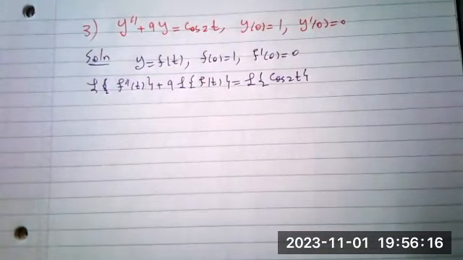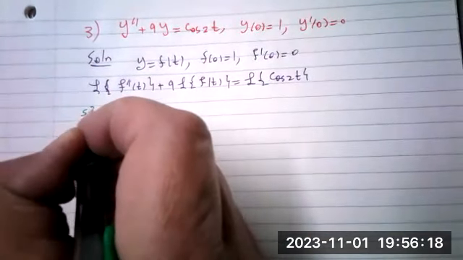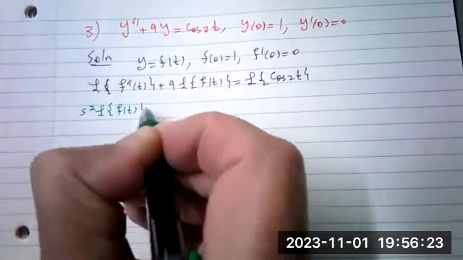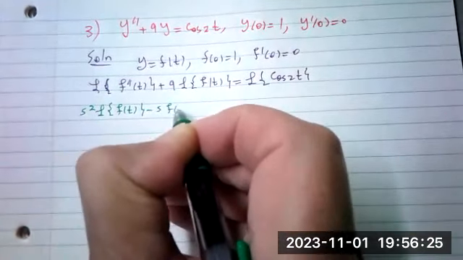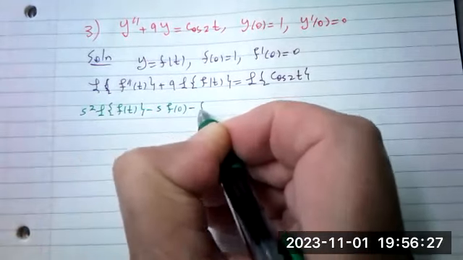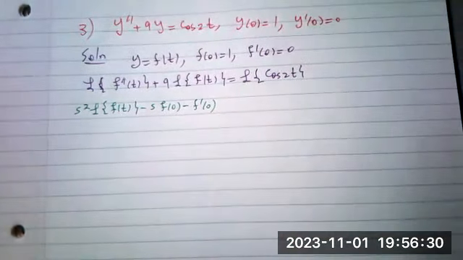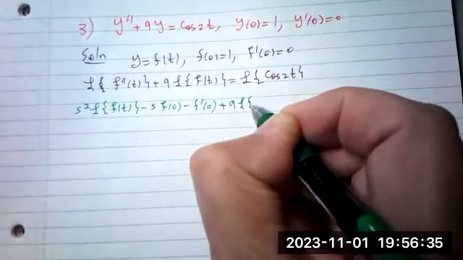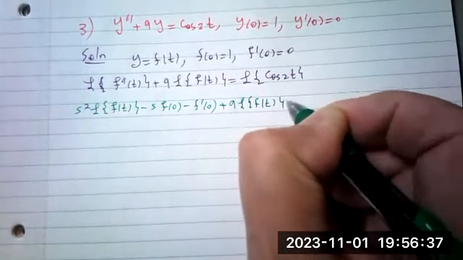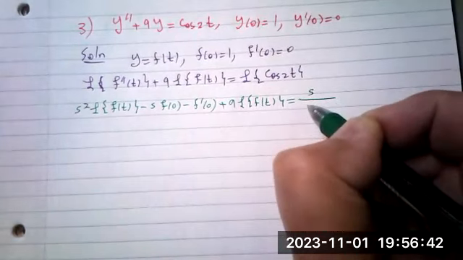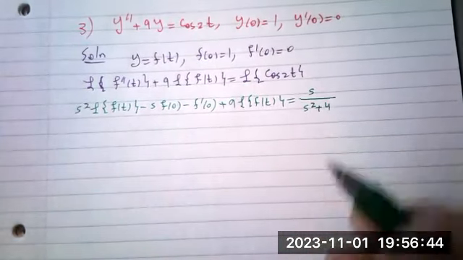Change f double prime: s squared Laplace of f of t minus s f of 0 minus f prime of 0 plus 9 Laplace of f of t. You know the Laplace of a cosine is what? s over s squared plus 4.